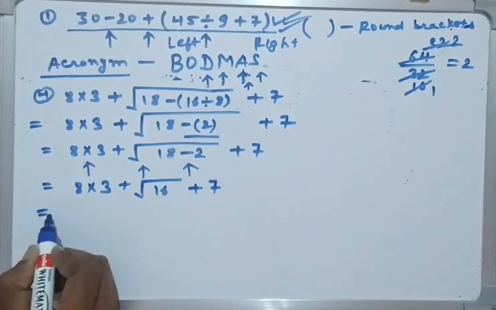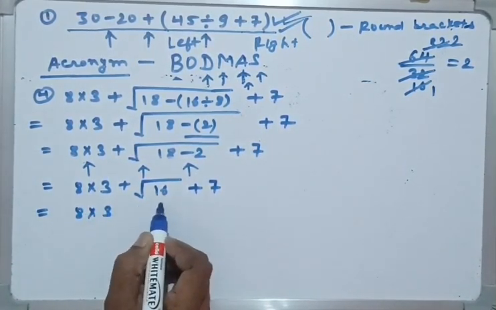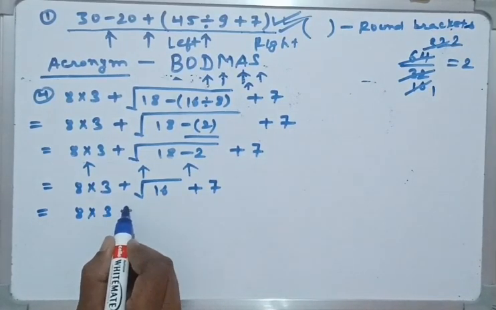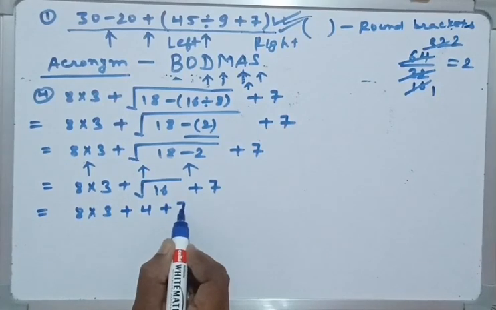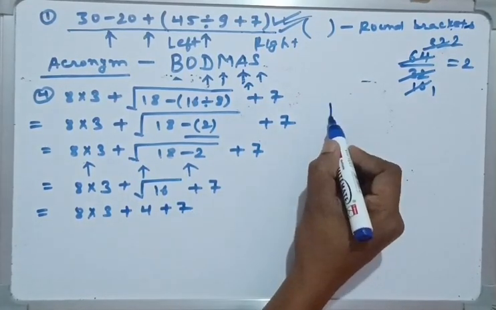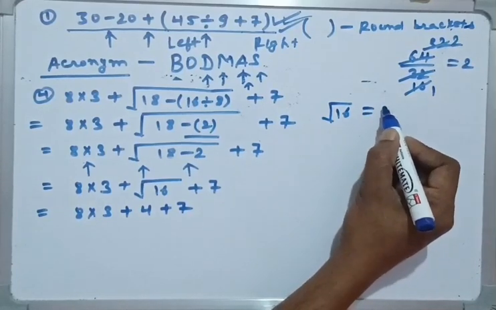Again we rewrite it: the square root of 16 equals 4.